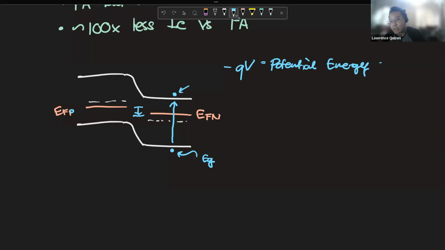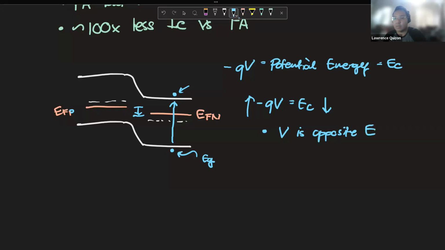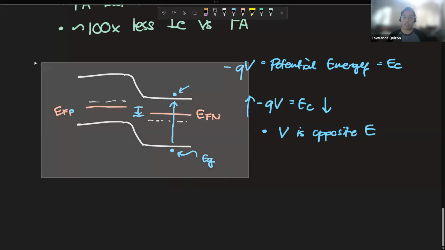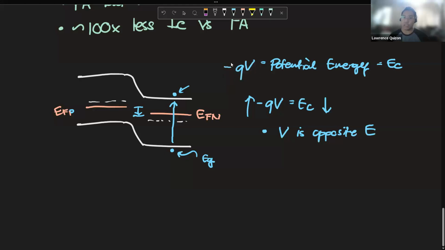So essentially, we can interpret potential energy as the amount of energy that an electron has in the conduction band, right? So what we get from this is that if you increase the voltage, bababa si EC because they're complete opposites of each other because this is minus, no? So V is opposite E, right? So i-flip mo lang siya, because of the observations natin sa potential energy and definition of the energy from voltage. So it's because of this negative Q.